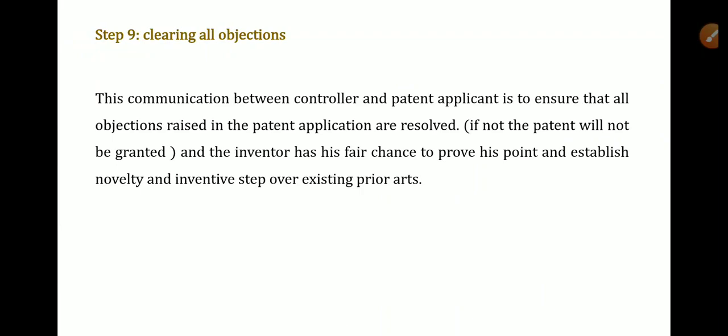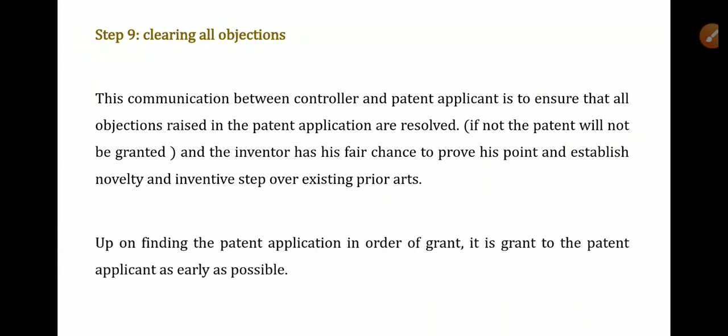He has to prove that his invention is novel. And next, upon finding the patent application in order for grant, it is granted to the patent applicant as early as possible. After satisfying these, they will get a patent.